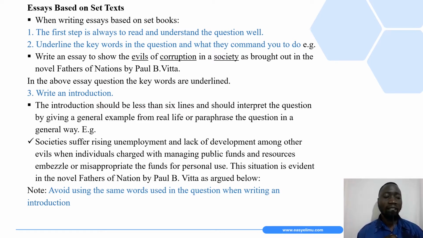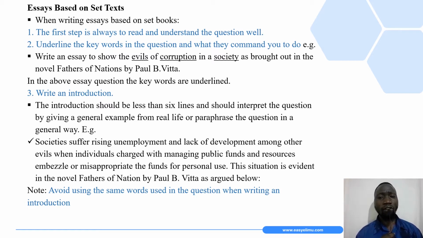So the reason why you're supposed to underline the keywords is because it is good to know the intention of the question. So that is why we analyze the features of the question. So this is to ensure that we do not set our own question.